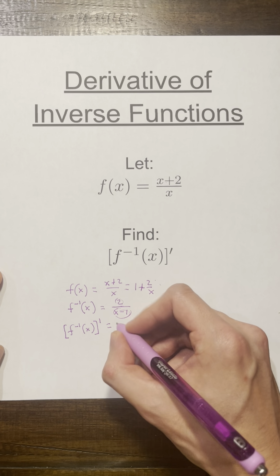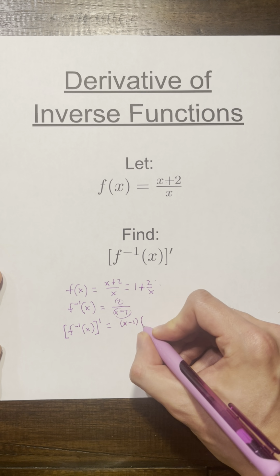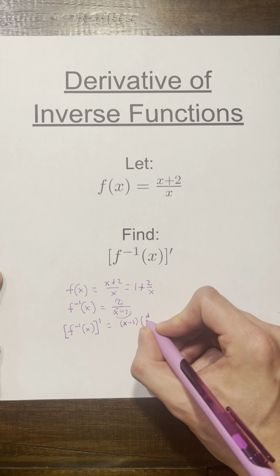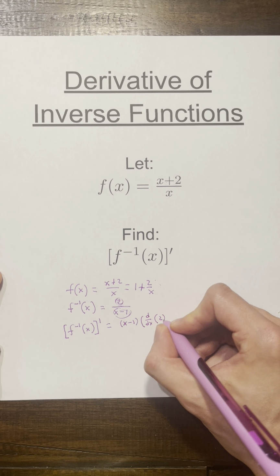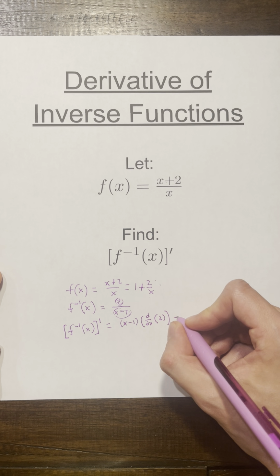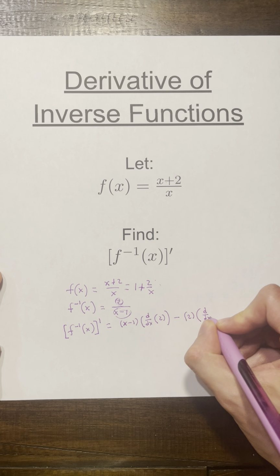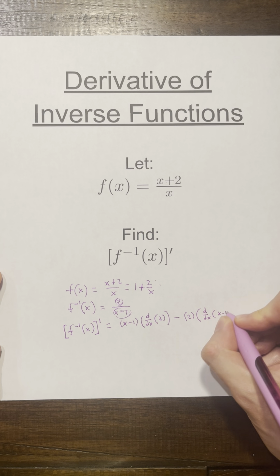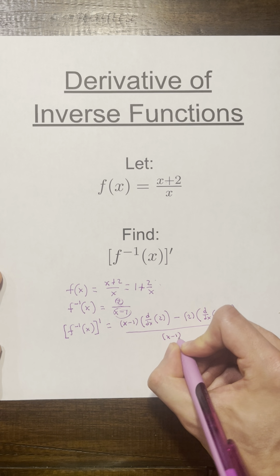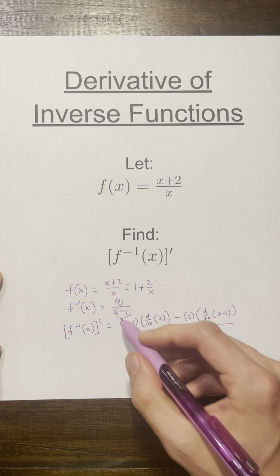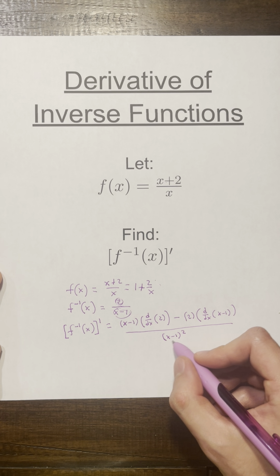Yeah, so low times the derivative, so d dx of high, minus high d low, over low times low. Low times low, so x minus 1 times x minus 1, that's the same thing as x minus 1 squared.